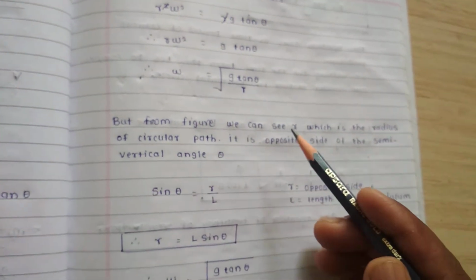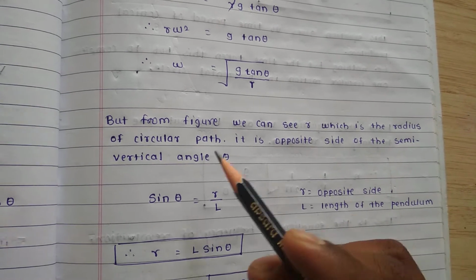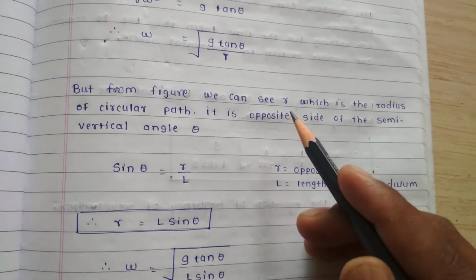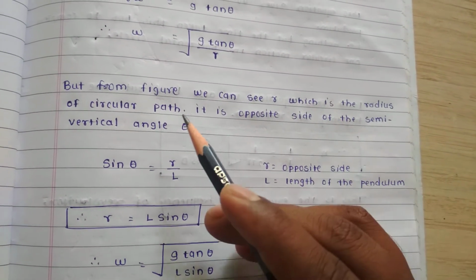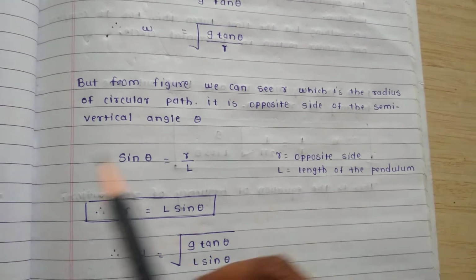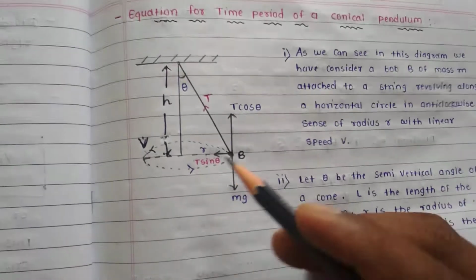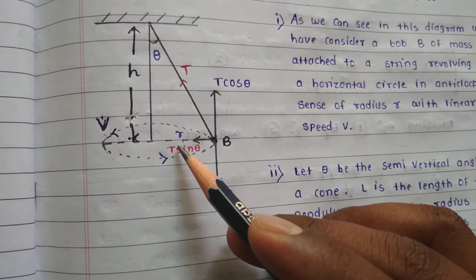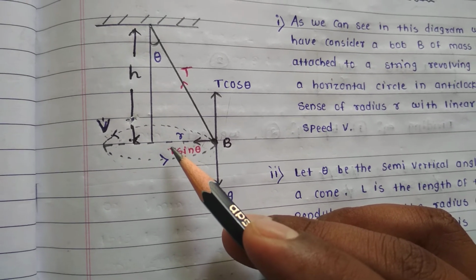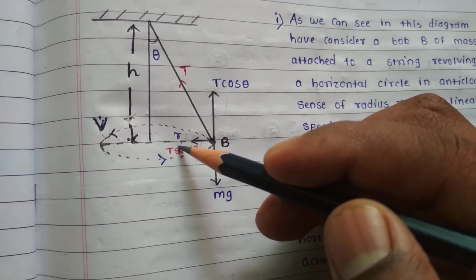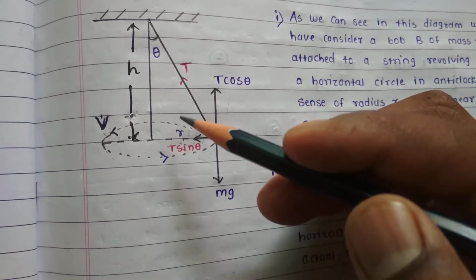But from the figure, we can see r, which is the radius of the circular path, and it is the opposite side of the semi-vertical angle theta.